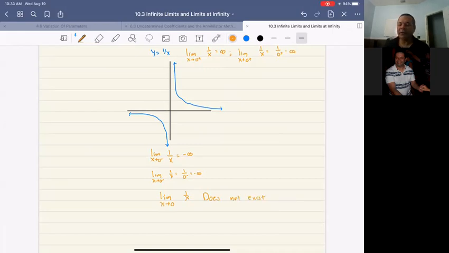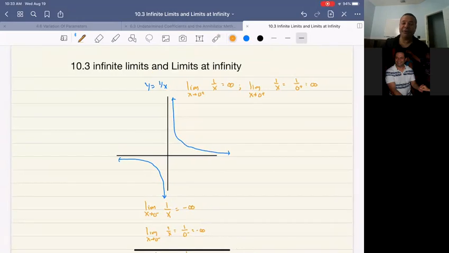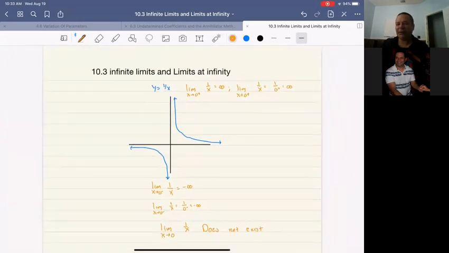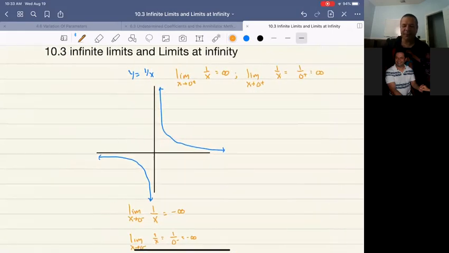Even though those left and right-handed limits also don't exist because they're infinite, so infinity is not really a limit, we still write it. There is a subtle point there. I want to make sure we understand that it's there. There's a subtlety there I want you to think about.